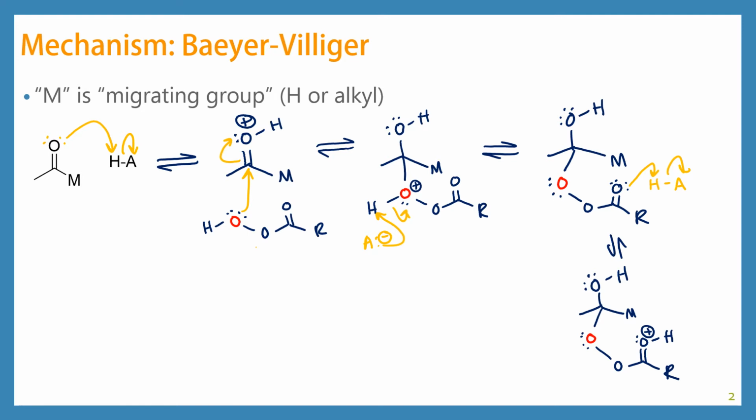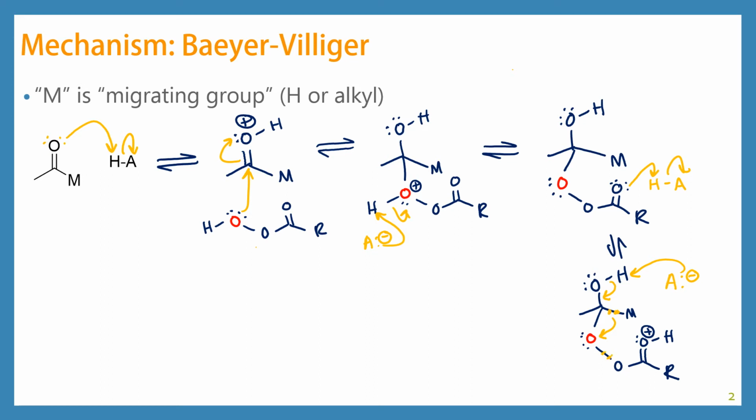Now this is the point where the really fun stuff happens. So our conjugate base is going to deprotonate our original carbonyl oxygen, and the electrons in this bond are going to come down to form a pi bond between that oxygen and what used to be the carbonyl carbon. Now when it does this, that is going to push the migrating group onto the oxygen.